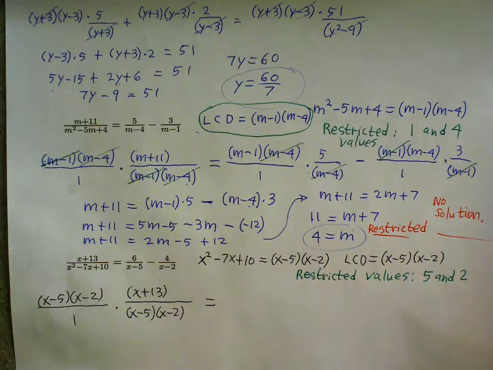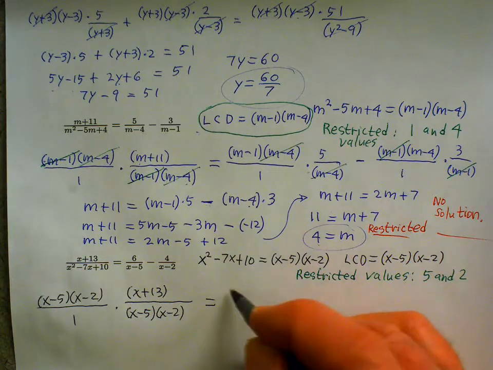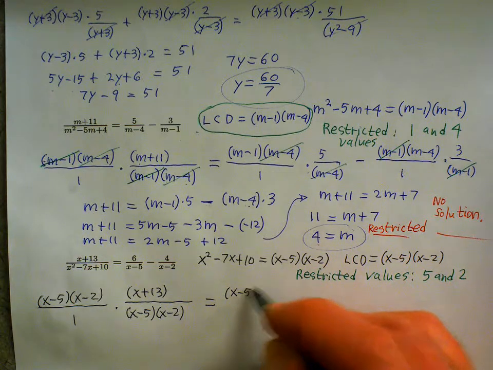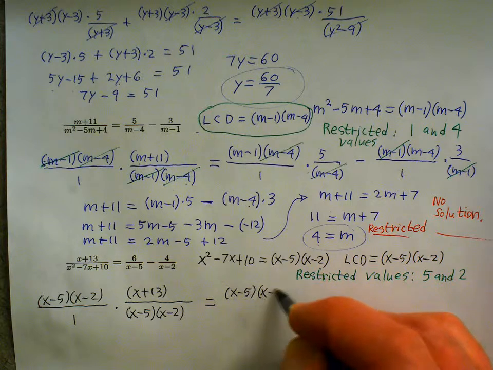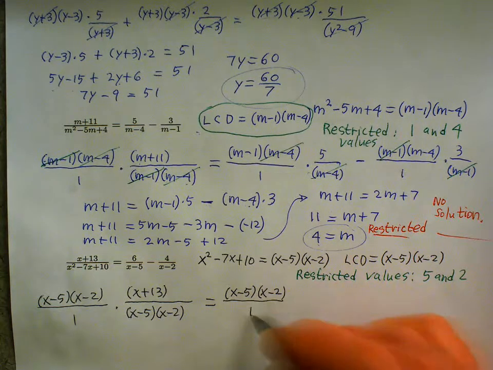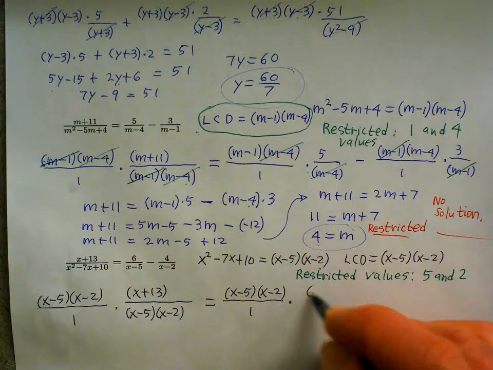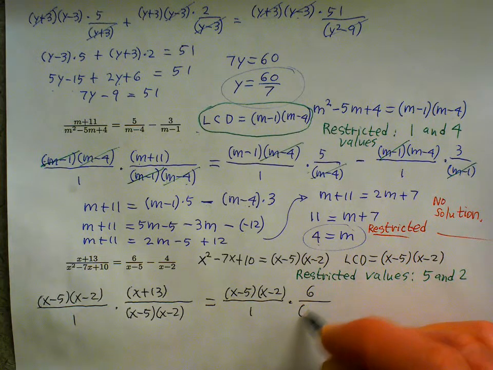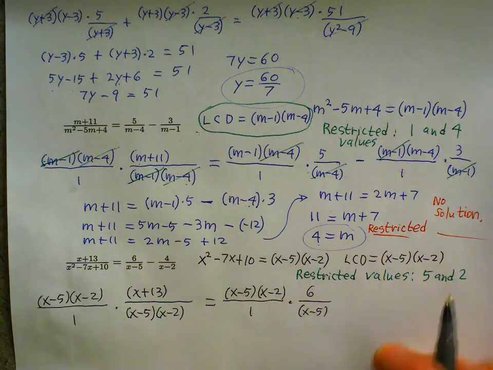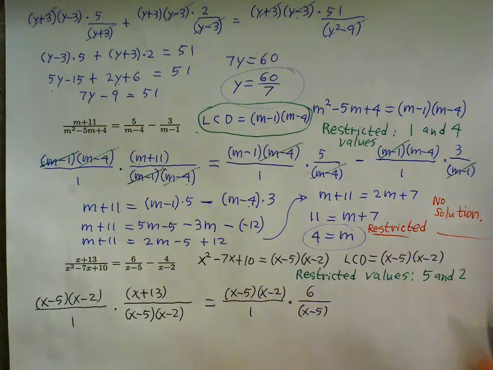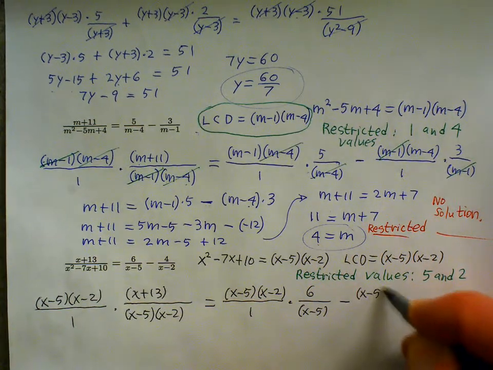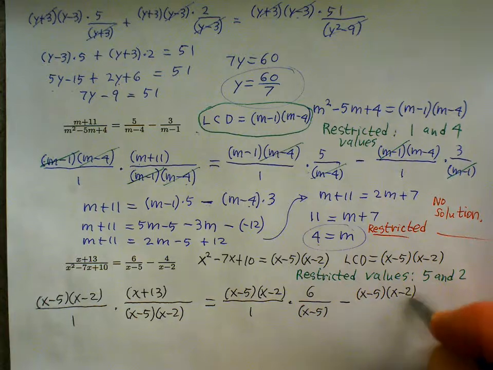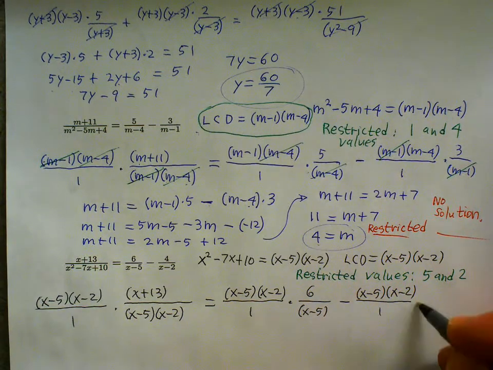On the right-hand side of the equation, multiply the least common denominator, (x minus 5)(x minus 2) over 1 times 6 over x minus 5. And then minus (x minus 5)(x minus 2) over 1 times 4 over x minus 2.